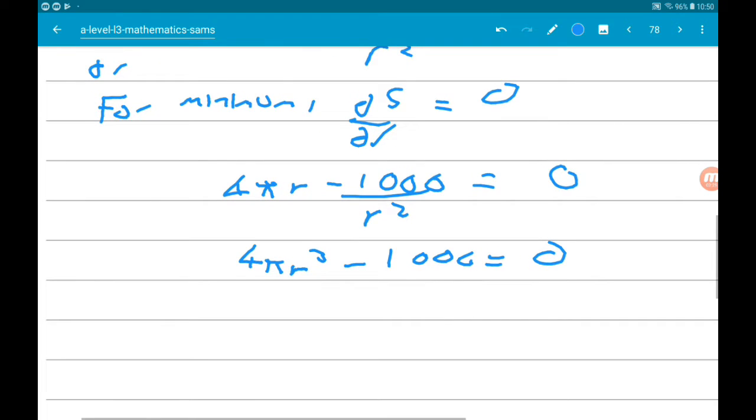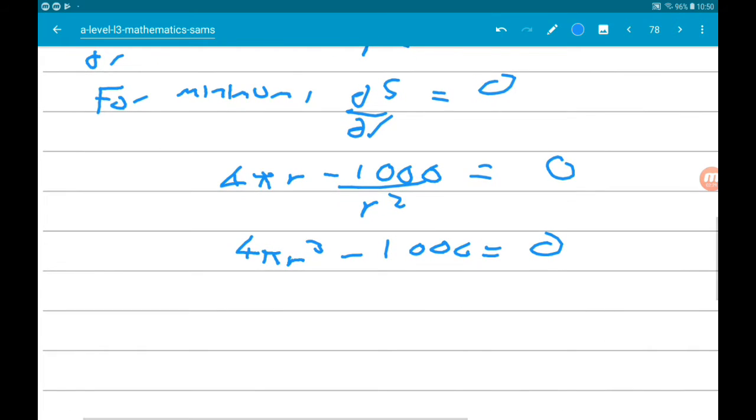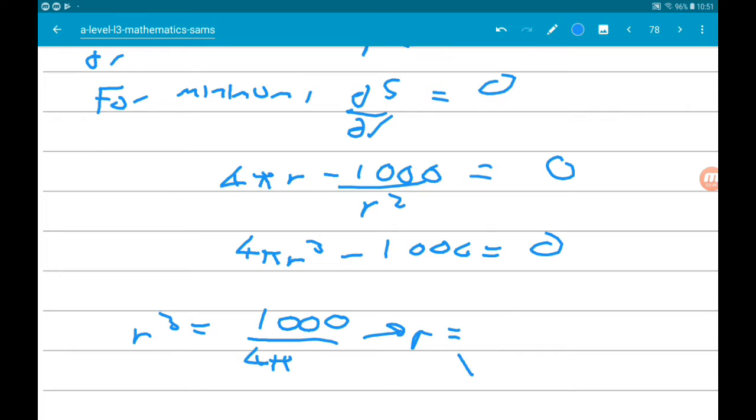Add 1000 and divide by 4 pi, then r cubed is 1000 over 4 pi. Cube root, and that gives us r is the cube root of 1000 over 4 pi.